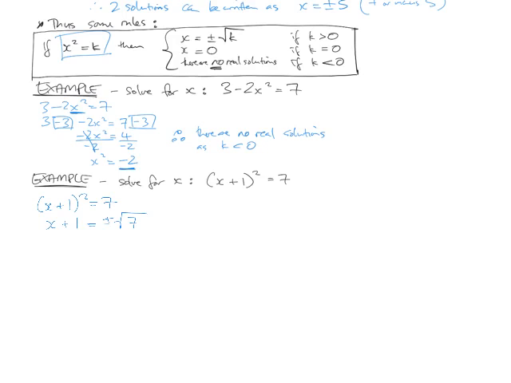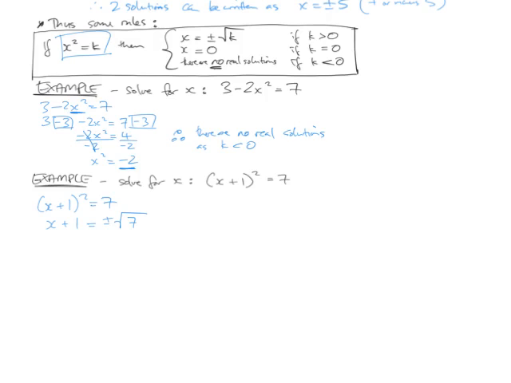Why did that happen? It's because this x plus 1 was all squared, and that x plus 1 in the brackets is essentially just the x here that's being squared. So I just applied this rule here to remove the square sign there.